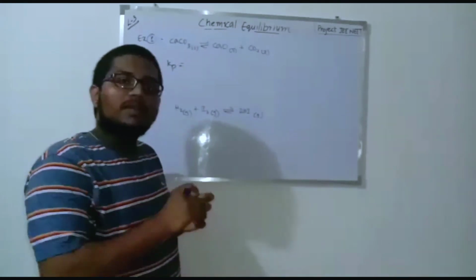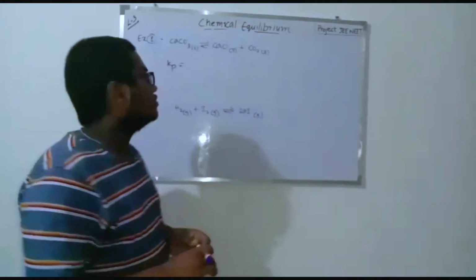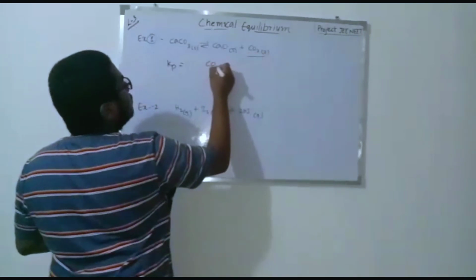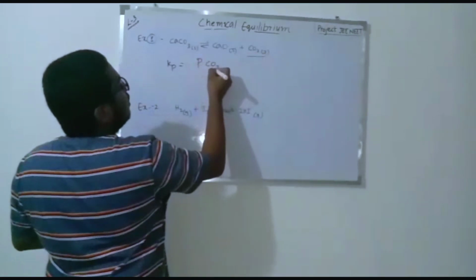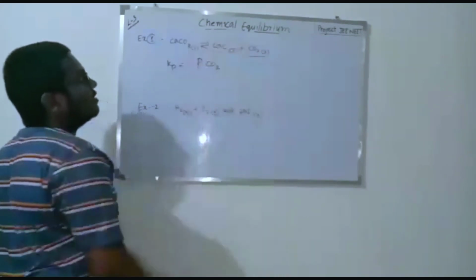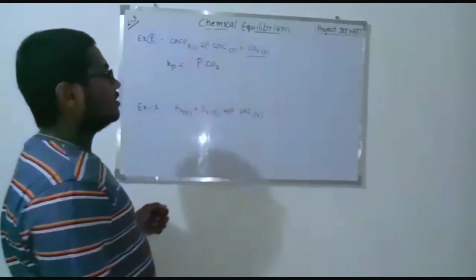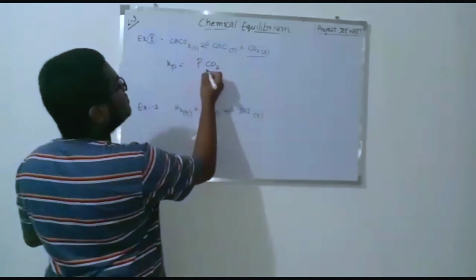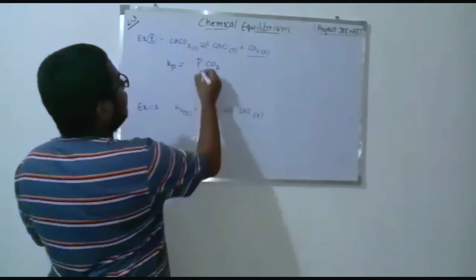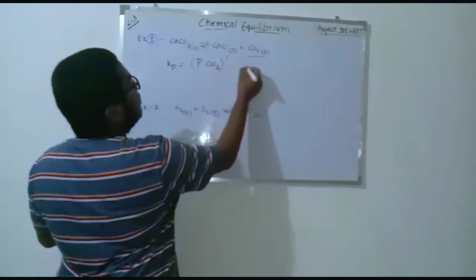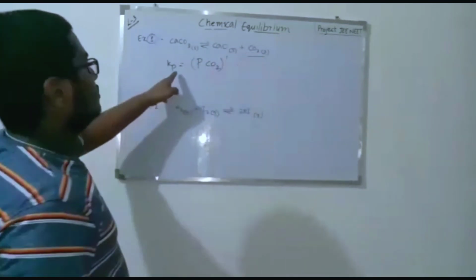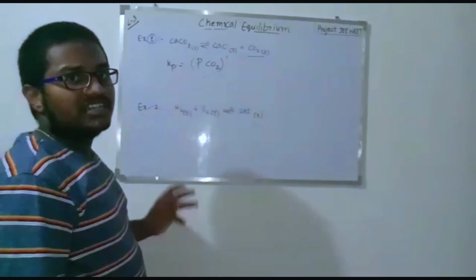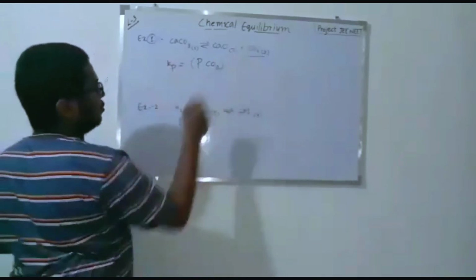The only gaseous product is CO2, and the remaining are in solid state, so we have no definition for those. So Kp is the partial pressure of CO2 to the power 1, because its coefficient is 1.